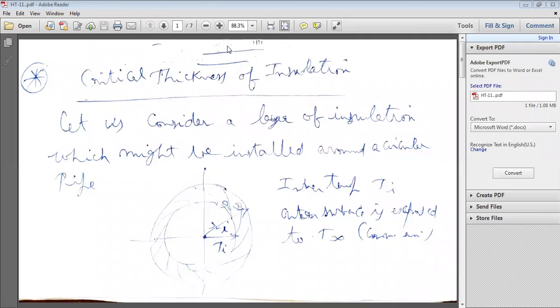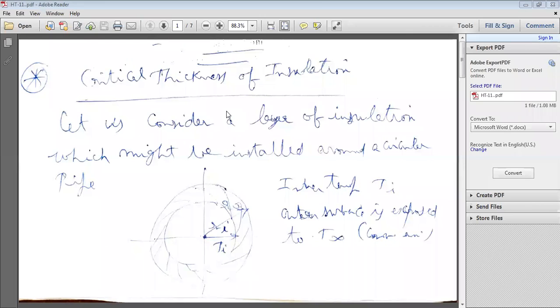So yesterday we discussed heat transfer analysis on a sphere having outer radius Ro, inner radius Ri, inside temperature Ti, outside temperature To, and K is the thermal conductivity of the given spherical material.